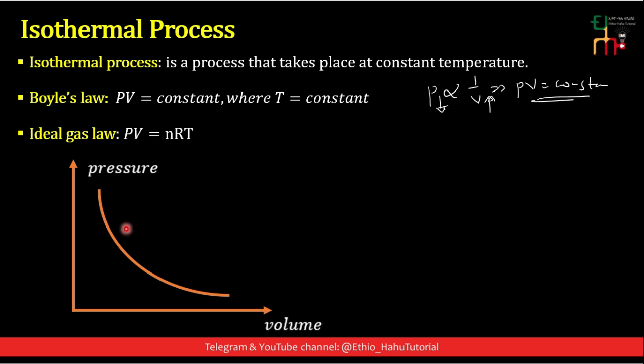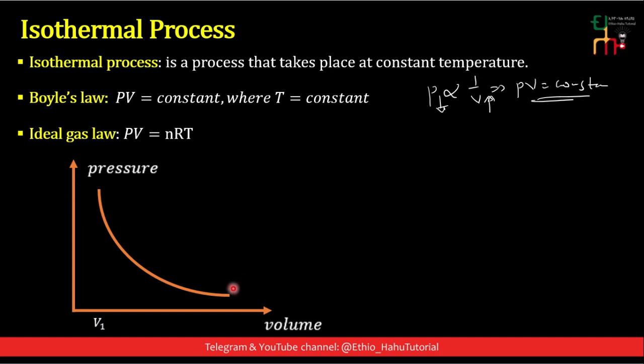When we draw the pressure versus volume graph, the pressure decreases as volume increases. As we have seen in this graph, when there is an increase in volume, the pressure gets smaller and smaller. And when the volume decreases, the pressure gets higher and higher.